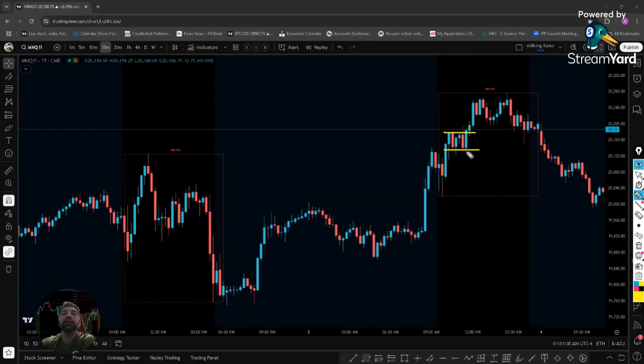In that case, more people might be trapped around here, like this range. These are 15-minute bars, and each 15-minute bar has three 5-minute bars in there. So it's a huge time.